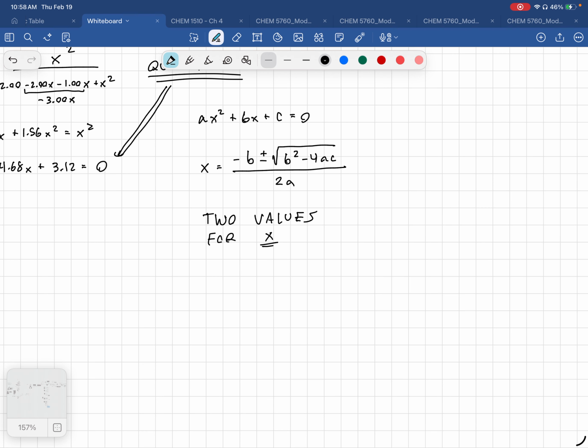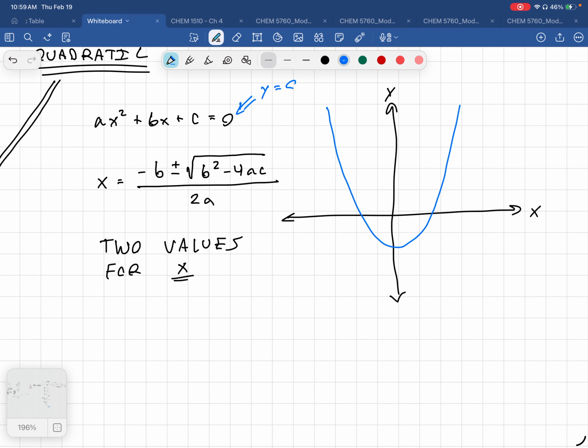Why is that? Well, remember, generically speaking, on the x-axis and y-axis, quadratics are typically the formulas for parabolas. When y is equal to 0, then x is going to be equal to the values where the parabola intersects the x-axis.